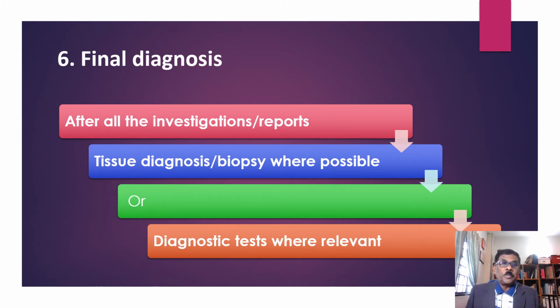The final diagnosis is usually made after all the investigations and reports are obtained: tissue diagnosis, biopsies where possible, or diagnostic tests where relevant, in cases where biopsy is not possible.